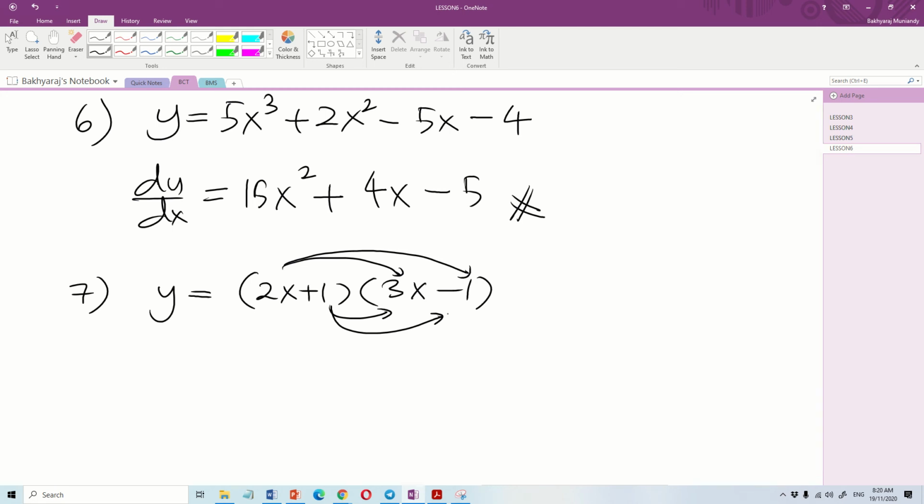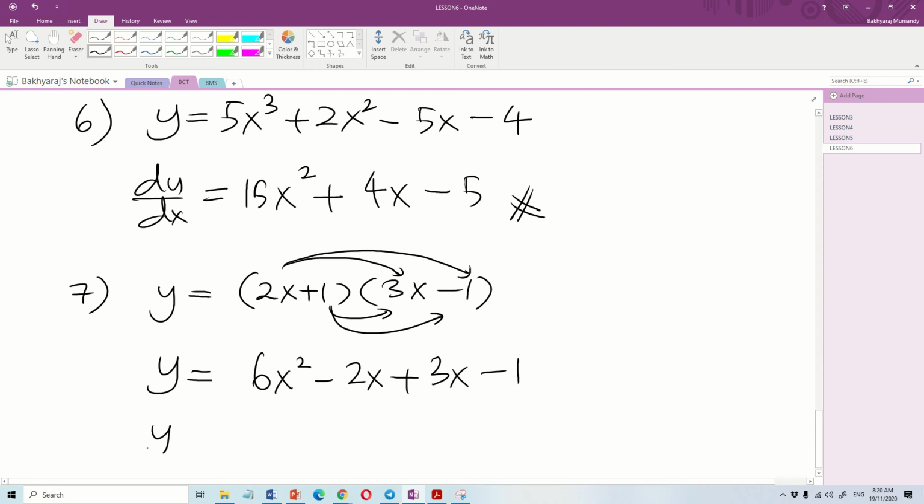Okay, so can anyone share your answer for the expansion? So y equals 6x squared, correct, plus x minus 1, correct. I gave this answer earlier on how to get this. It is correct, it is indeed plus x minus 1. I just get 6x squared minus 2x plus 3x minus 1.